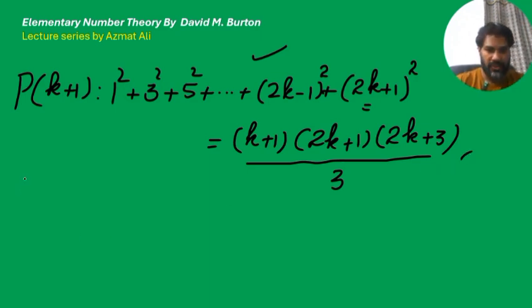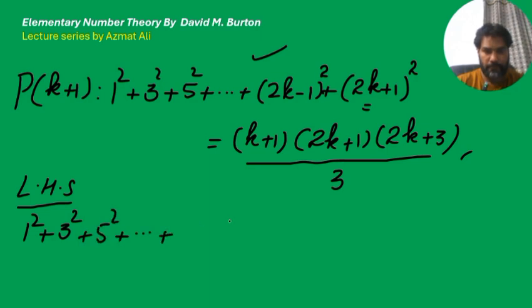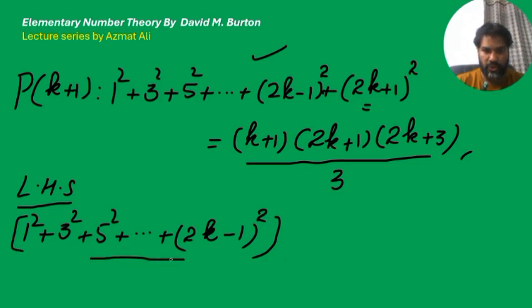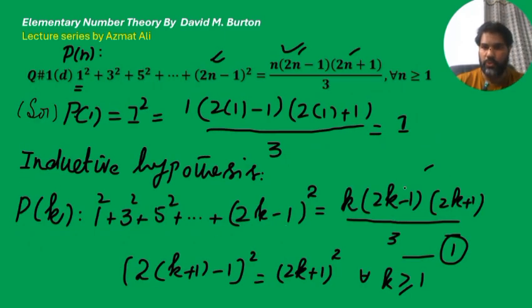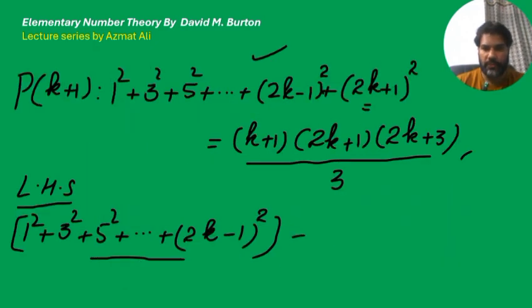So let us take the left hand side: 1 square plus 3 square plus 5 square. We separate the first k terms, because I will substitute here: the sum is equal to k into (2k minus 1) into (2k plus 1) over 3 from equation 1, plus the last term, which is (2k plus 1) square.